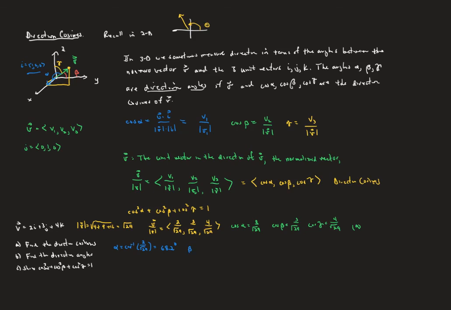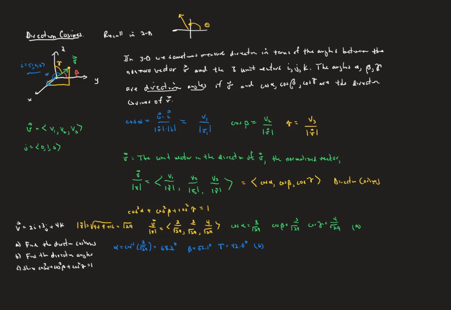And in a similar fashion, taking the inverse cosine of 3 over the square root of 29, I believe is 56.1 degrees. And taking the inverse cosine of 4 over the square root of 29 is 42.0 degrees. So that's part B. That is the direction angles.